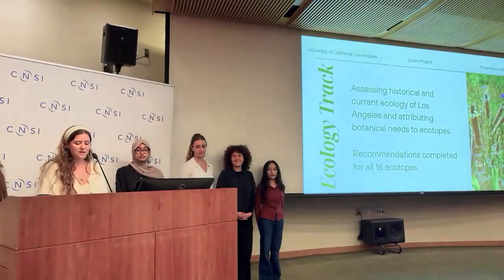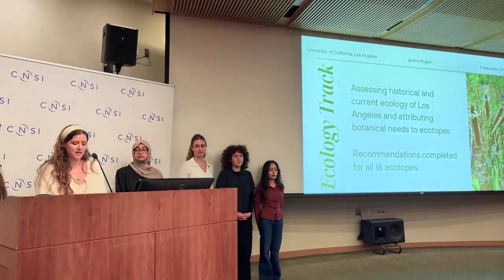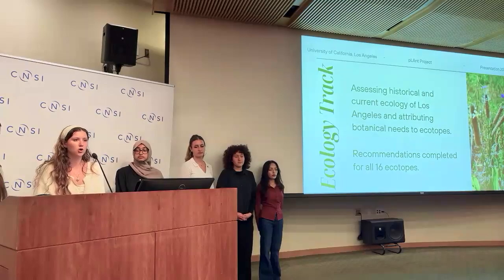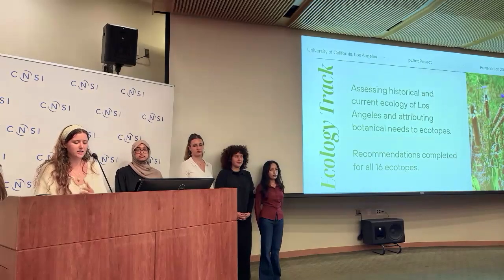We used Calscape, Jepson Herbarium, and other large registries of California native plants to cross-reference maps of plant ranges, primarily sourced from the Consortium of California Herbaria, with the map we have of the ecotopes in Los Angeles to accurately identify where plants will be suitable. Additionally, as the city has urbanized and environmental conditions have shifted due to urban heat island, soil grading, and water draining, different native plants can exist where they previously did not.